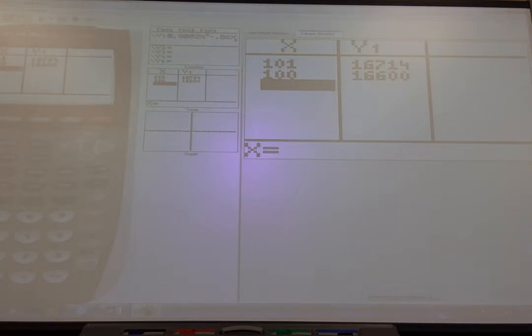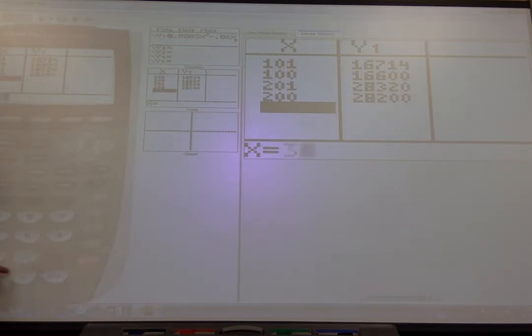If I subtract those, what do you say is the cost of the 101st? 114. Good. Okay. Then it also says do that for the 201st and 301st. So if I said 201 and then 200, that's going to be 120. Do you agree with that if I subtracted those? 120.